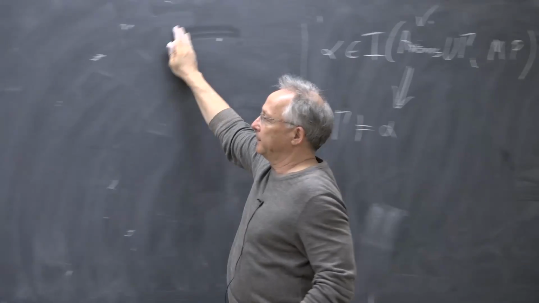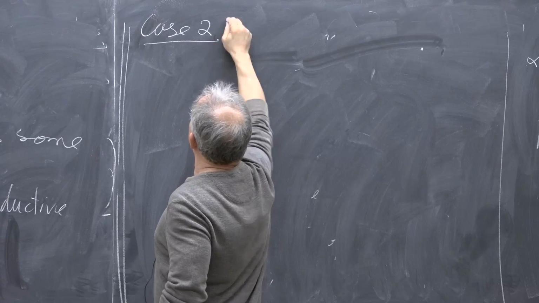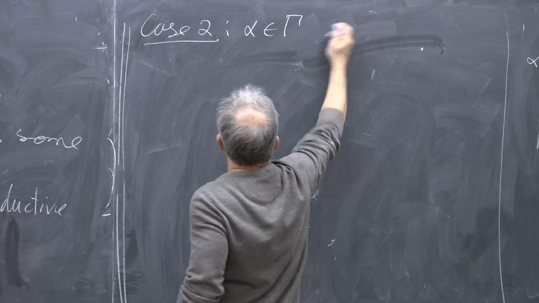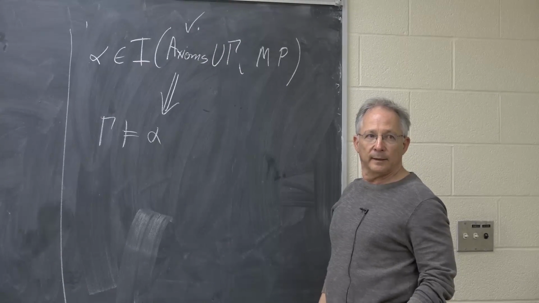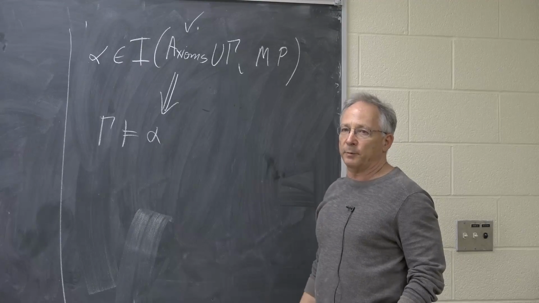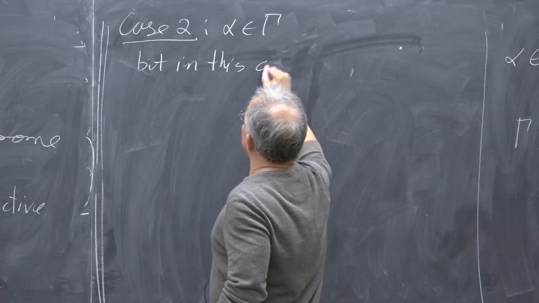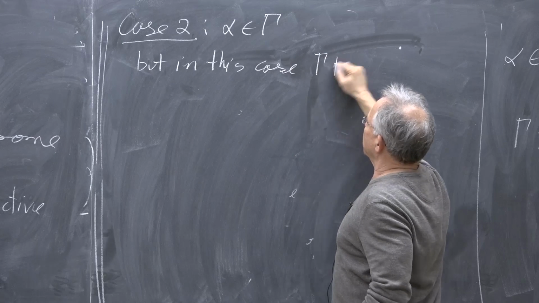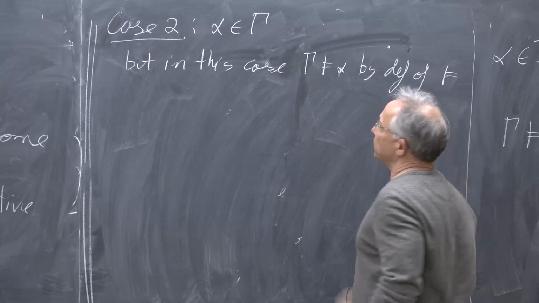So case 2, alpha came from gamma. So we are still in the base. If alpha didn't come from here, it came from gamma. But if alpha comes from gamma, this is just by definition of logical implication. So in this case, gamma logically implies alpha by the definition of logical implication.